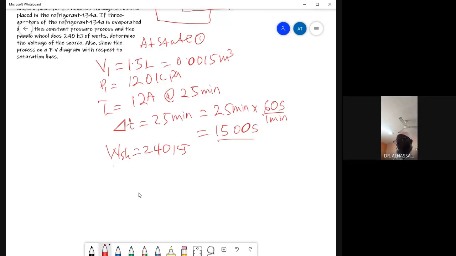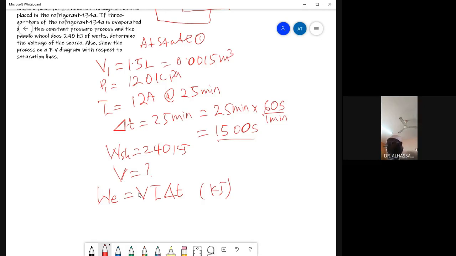So we want to determine V. And we know by definition, W electrical equals V times I times time, and the unit is in kilojoules. So we know the current, we know the time, and we can determine the voltage from here.